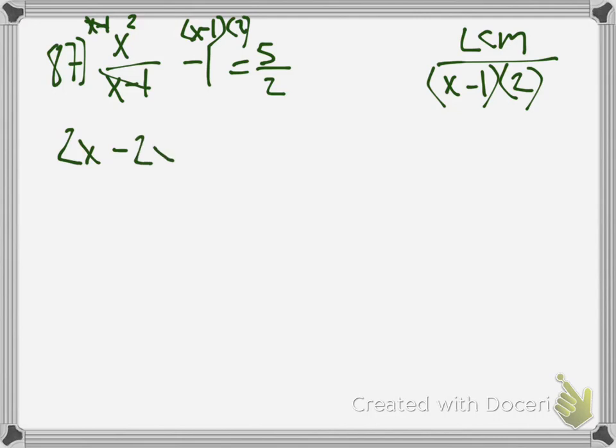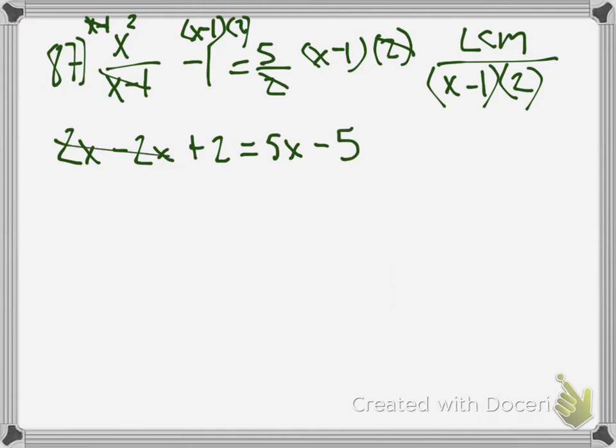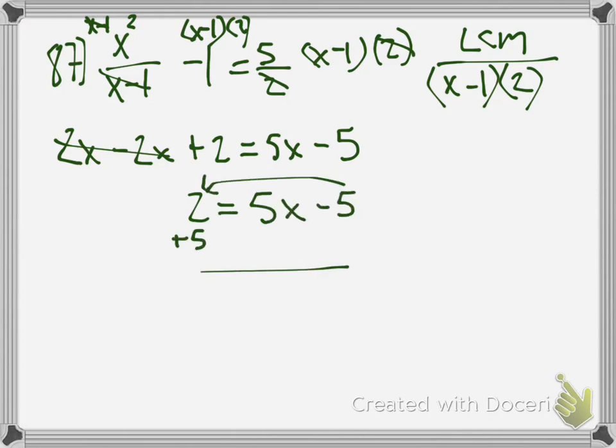Negative 2 times x is negative 2x. Negative 2 times negative 1 is going to be positive 2. And then the 2's would cancel out on the next one, leaving me 5 times x minus 1, which is 5x minus 5. The 2x's cancel out because those like terms canceled each other out. I would move the 5 to the other side by adding, and then you could say divide by 5, and get x is equal to 7/5.